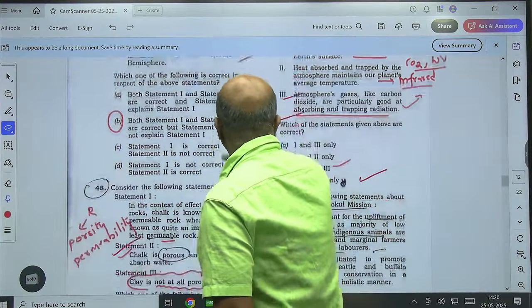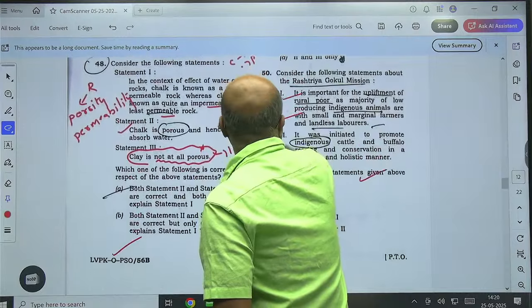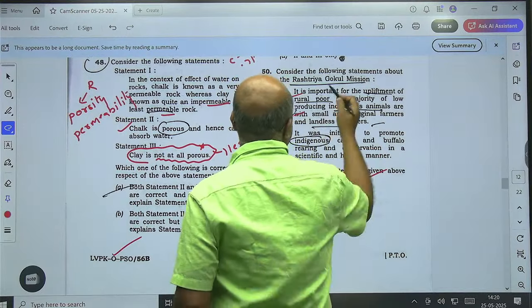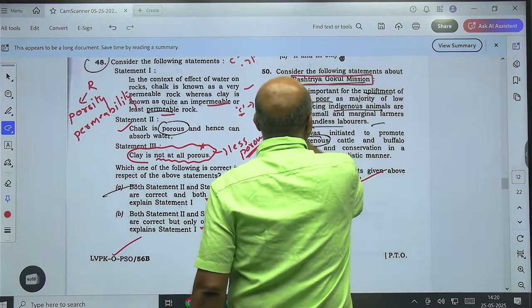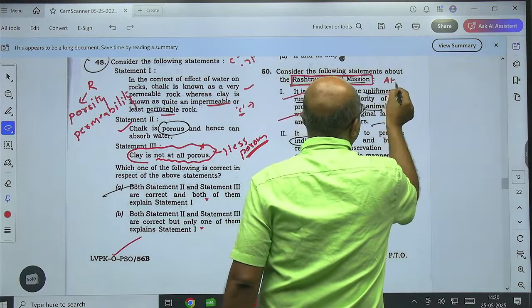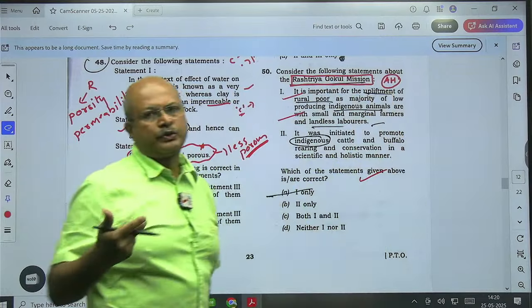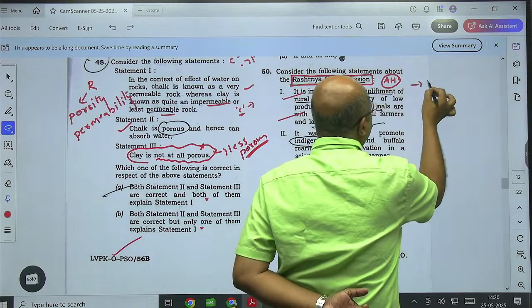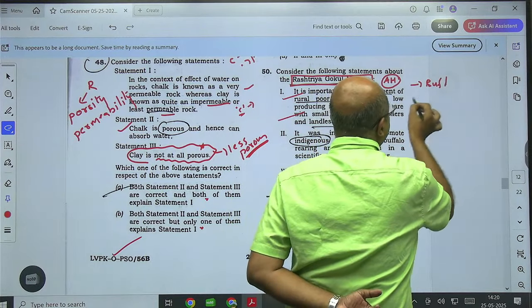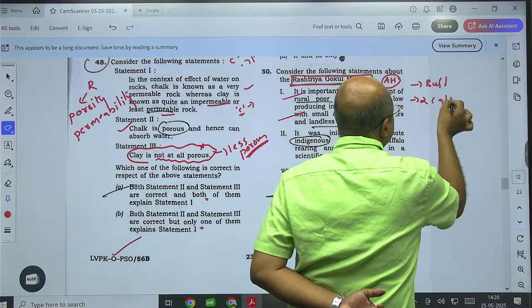Now, moving down to the last question, the 50th question. Consider the following statements about the Rashtriya Gokul Mission. Remember, this is associated with animal husbandry, livestock resources. In the context of India, we have the leading buffalo population in the world, and we are second in cattle population.